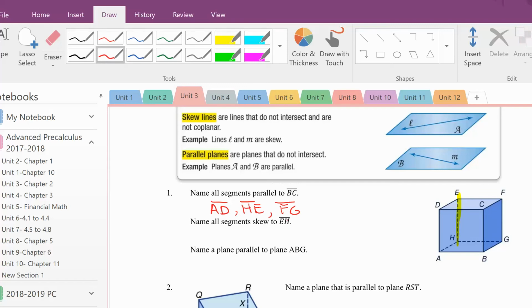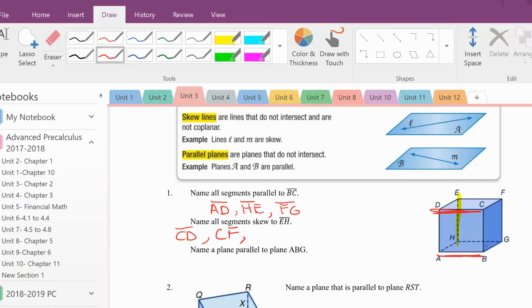So none of these above would be skew because they're parallel. So notice CD here, if you look, CD looks like it would intersect, but notice it's not in the same plane, so therefore it is skew. CF would also be skew.